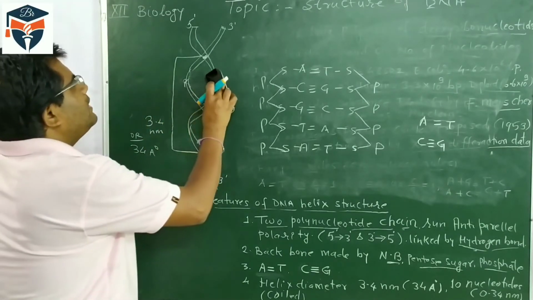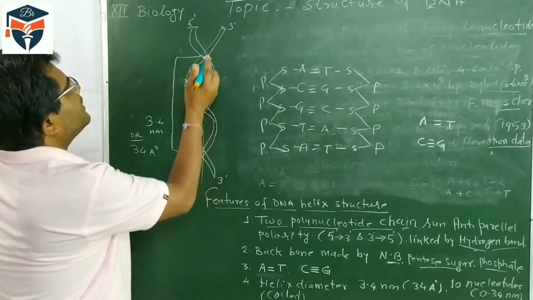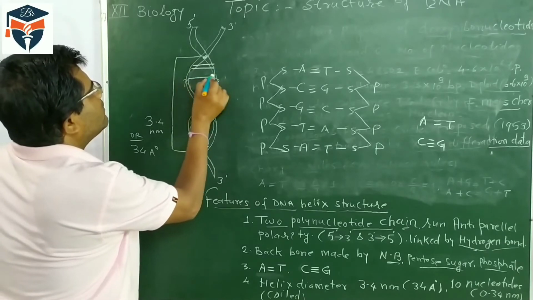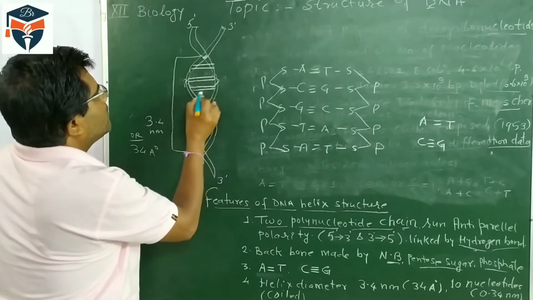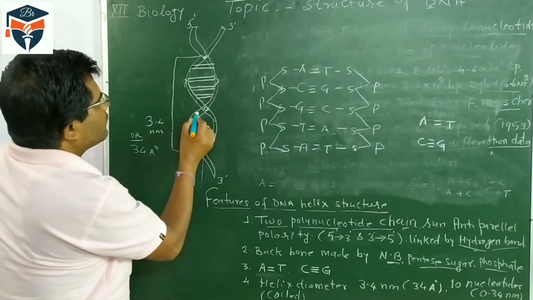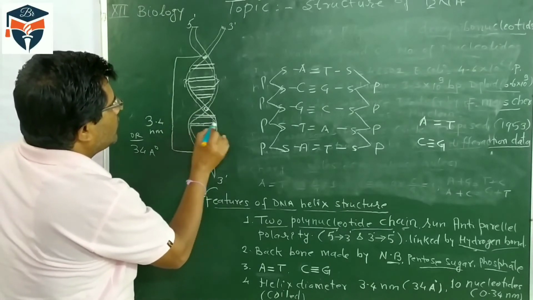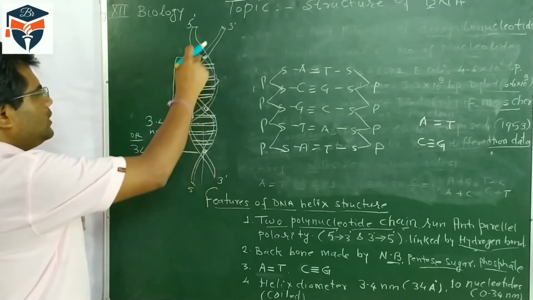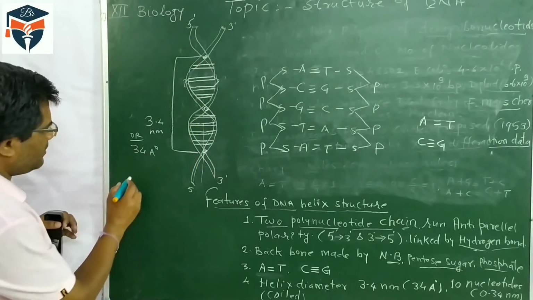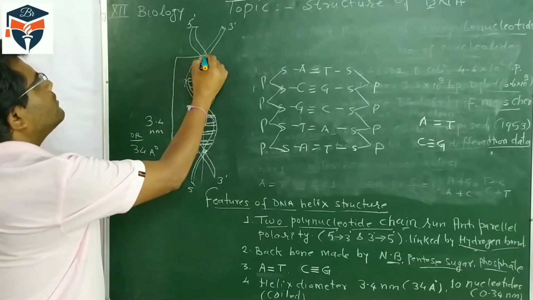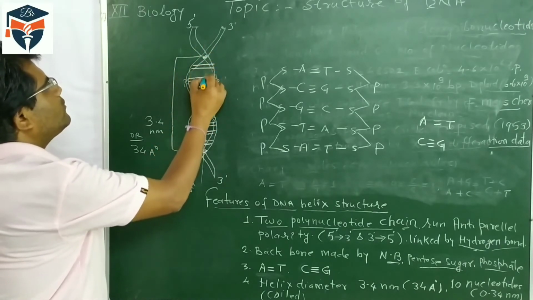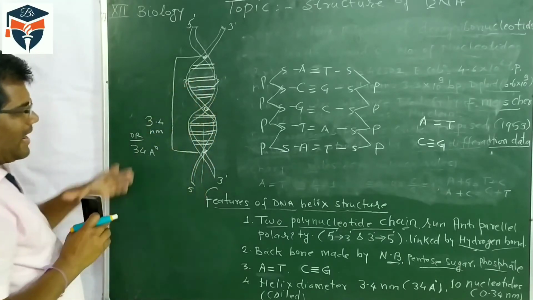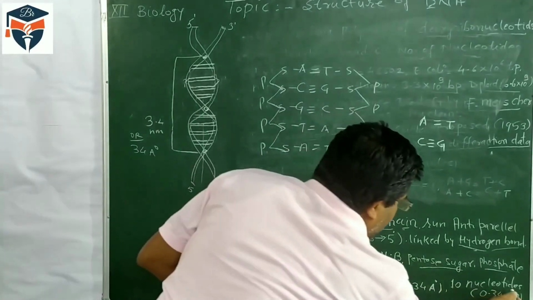And each helix has 10 nucleotides: 1, 2, 3, 4, 5, and again 1, 2, 3, 4, 5. Each helix contains 10 nucleotides.